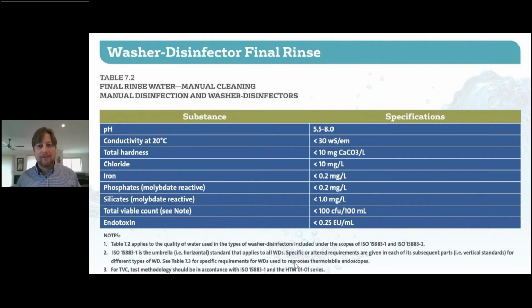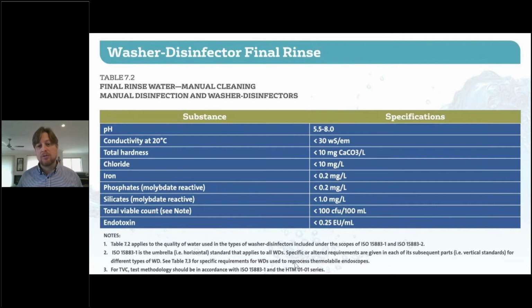Now, I won't go heavily into this table because in most cases you're going to be using the same water for this final rinse water for your washer disinfectors as you are feeding to your sterilizers, and the sterilizers come under table 7.4. So in most cases we're going to treat water to table 7.4 for sterilizers.